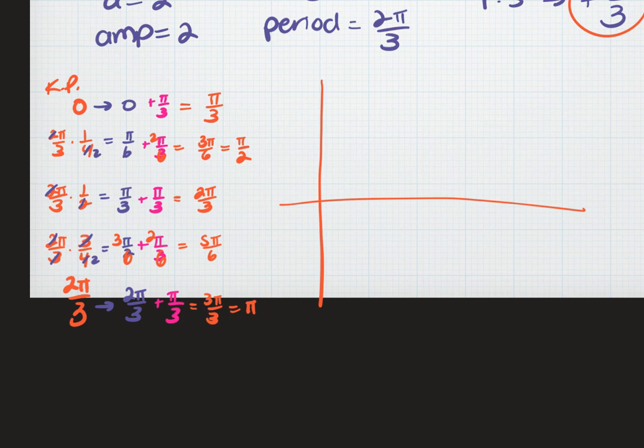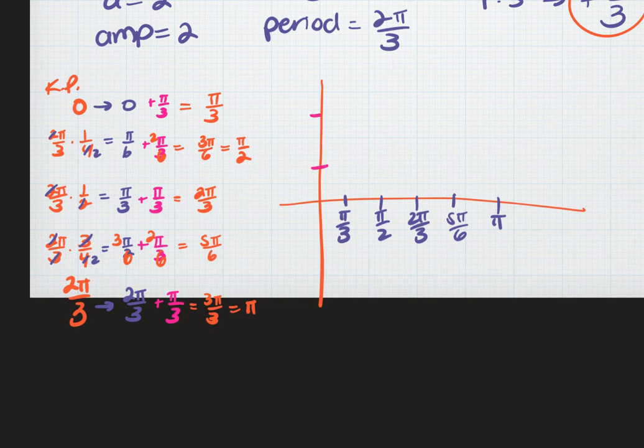Now I'm going to plot them all on the x-axis. So the first one I have is pi over 3. So everything's to the right of my vertical axis. So the first one is pi over 3, then pi over 2, then 2 pi over 3, then 5 pi over 6, and then pi. And it's cosine. So this is where my shape changes. Instead of starting at 0, I start at the amplitude.